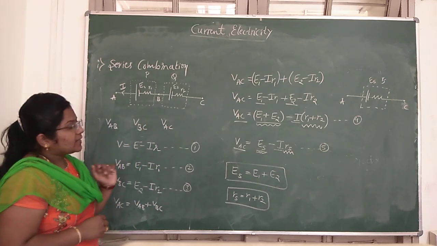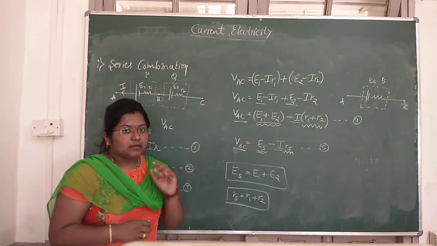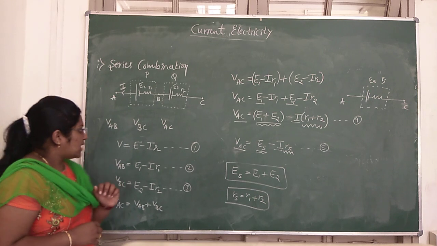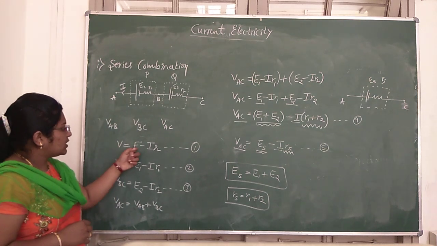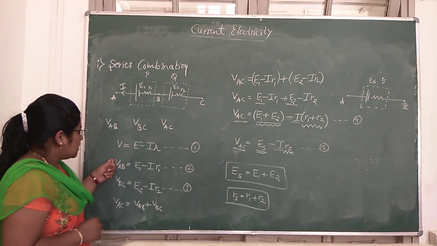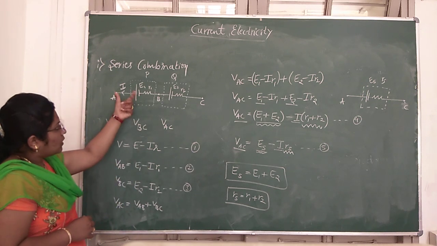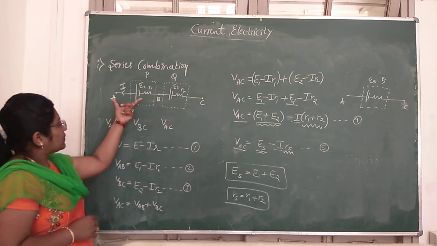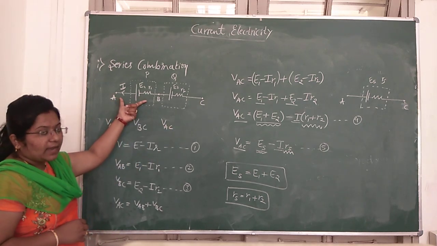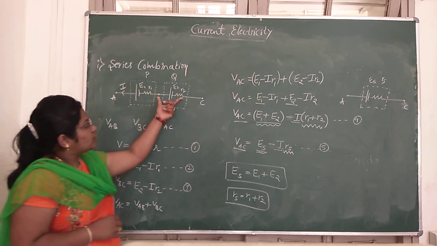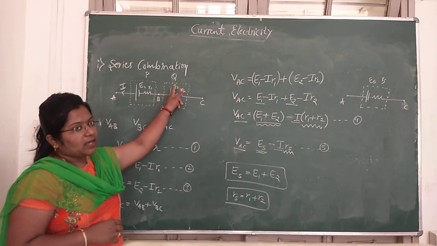And now we are considering the relation between terminal potential difference and EMF of the cell, that is nothing but V is equal to E minus IR. With respect to that, we are calculating VAB, VBC and VAC. VAB is nothing but E1 minus IR1, VBC is E2 minus IR2.